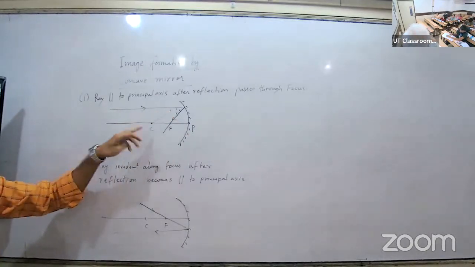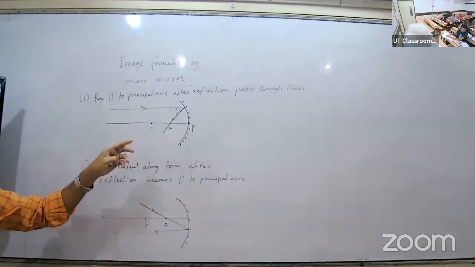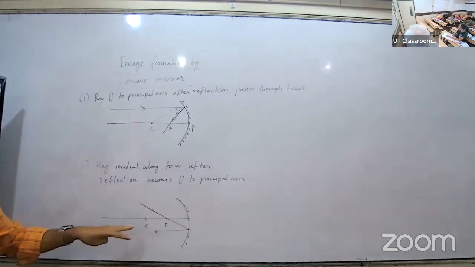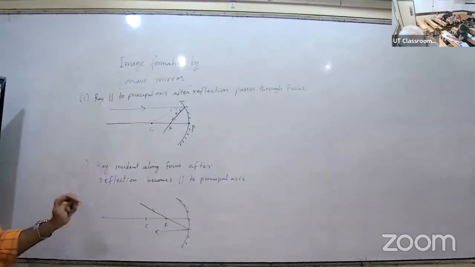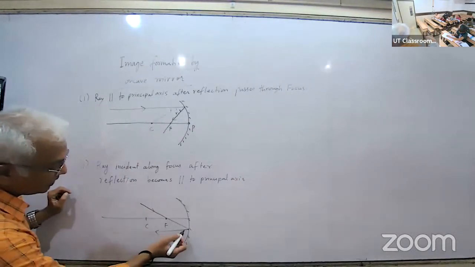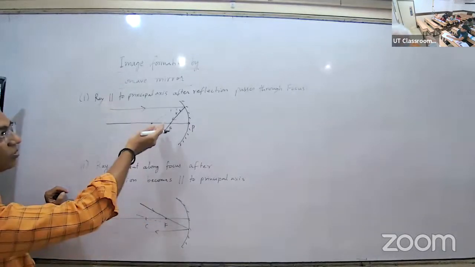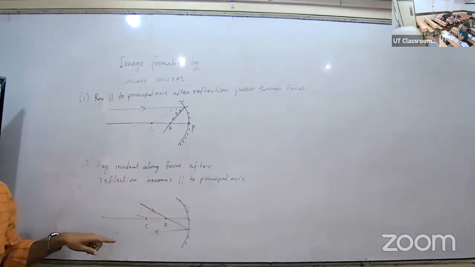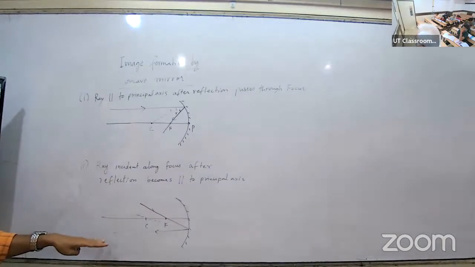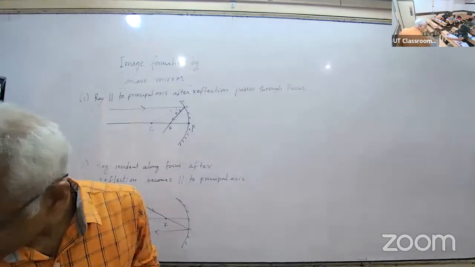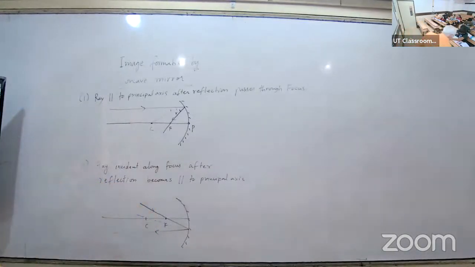But once you know the positions, parallel has to always pass through focus. Then I need not draw normal all the time. So in this case, I have not drawn the normal. Right? Again, the normal will pass through C. But now I know it is reverse of this ray. Right? So this is the second ray. Rest I'll tell you after the break. No, don't erase the board. I am leaving the volume.